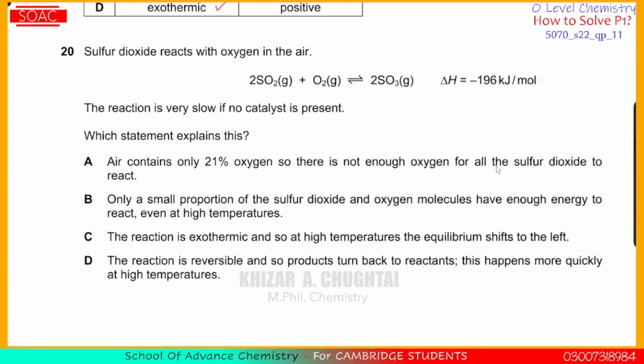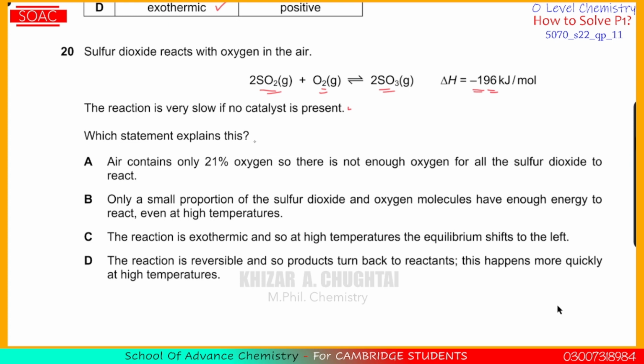Question number 20. Sulfur dioxide reacts with oxygen in air, making 2 moles of sulfur trioxide. Delta H is equal to minus 196 kilojoules per mole. The reaction is very slow if no catalyst is present.